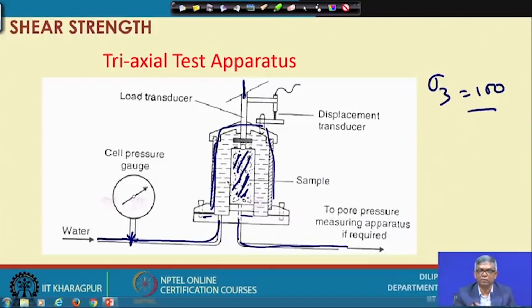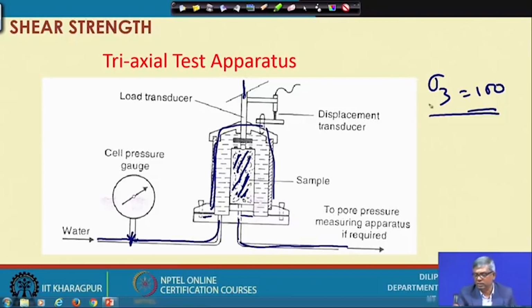Right now, the very simple way I am telling you is that first the sample will be prepared, then covered by a cell, and the cell will be filled up with water, and we apply a definite amount of pressure, suppose sigma 3. Under that, I will keep all valves closed, and now we will apply a normal axial load to this sample till it fails.